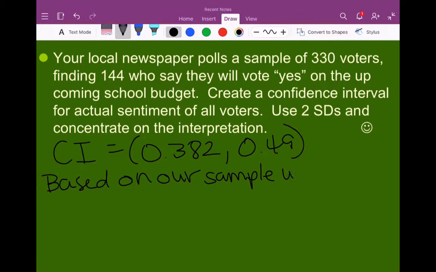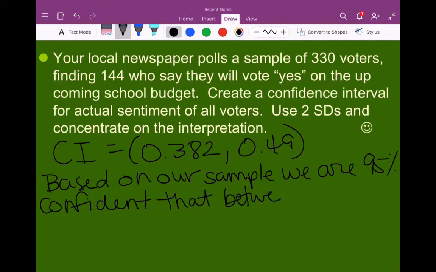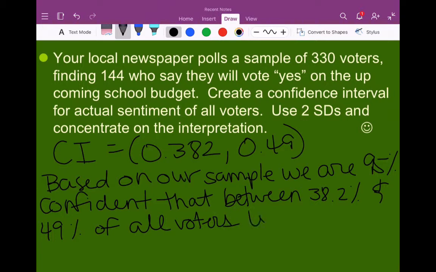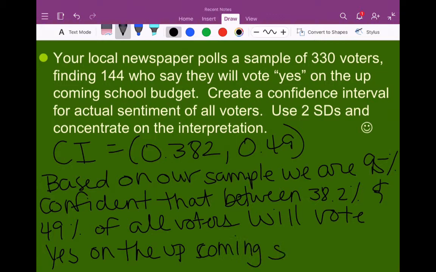So based on our sample, we are 95% confident that between 38.2% and 49% of all voters will vote yes on the upcoming school budget. So that's how we would interpret it.